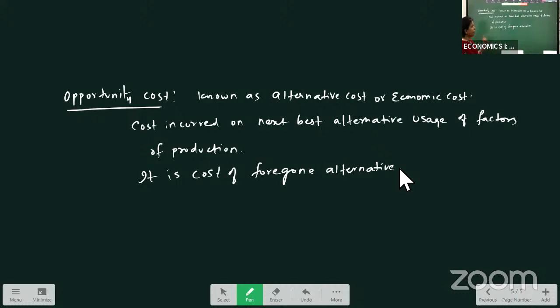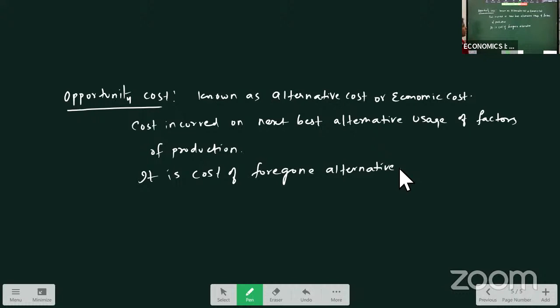So when we use the best factor alternatively, we incur a cost, and that is called opportunity cost. So it is also the cost of foregone alternative. To produce wheat in that land, we are foregoing rice. Means we are not doing rice cultivation, but instead we are doing wheat cultivation. That foregone alternative is called opportunity cost.